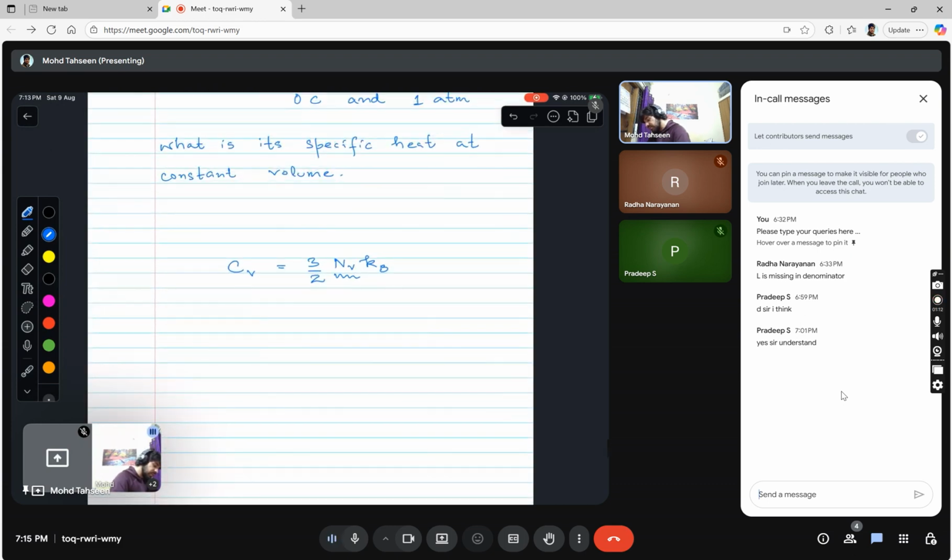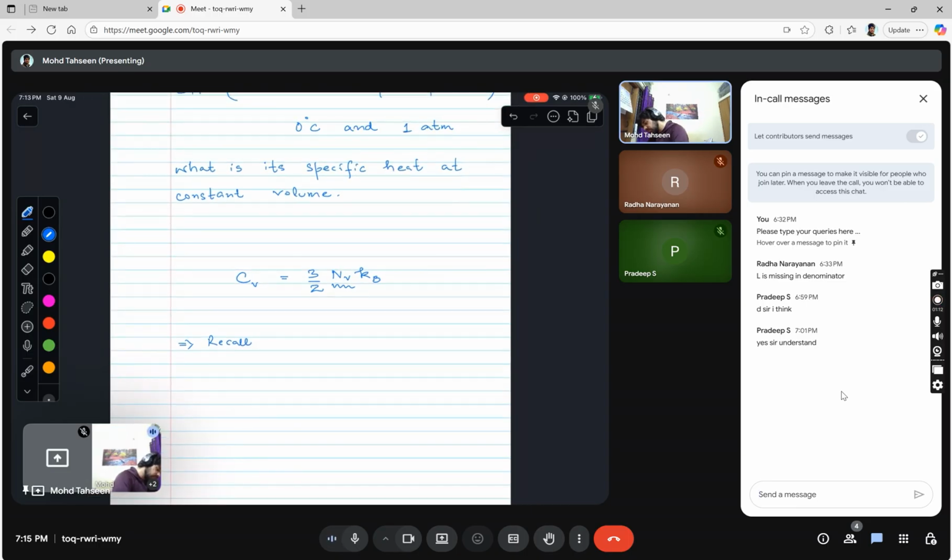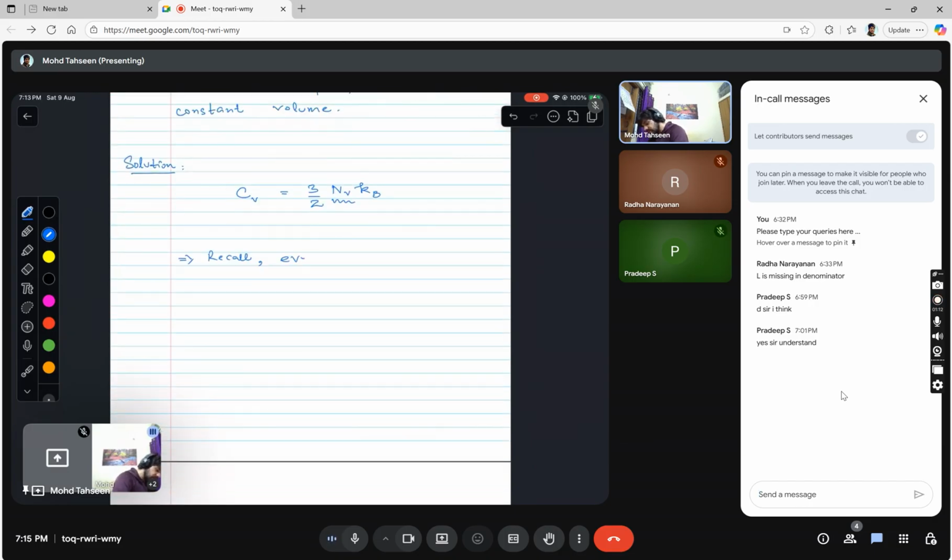So first, we recall. Let me write the solution to this question. Recall that every ideal gas at STP occupies 22.4 liters of volume.